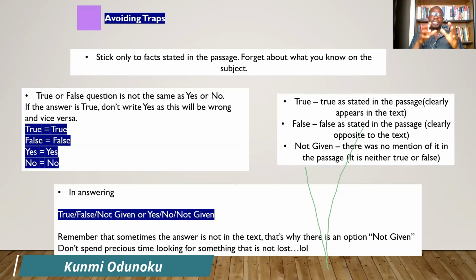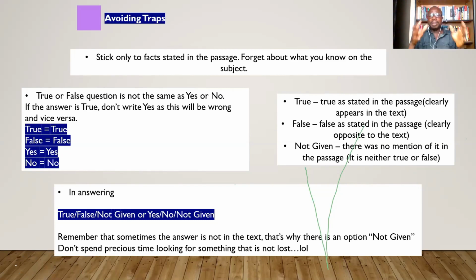But ensure that you stick to only the facts that have been given to you in the passage. Forget about what you know about making fries or omelets before now. Just follow exactly what has been written in the passage, because that is the key to doing well in the exam. The subject they put before you might be something you're familiar with, but that in itself should not make you answer the question based on what you know about the subject. Answer the question based on what is stated in the passage.